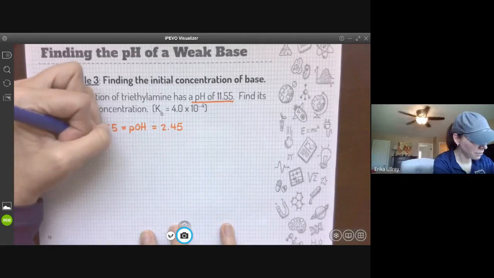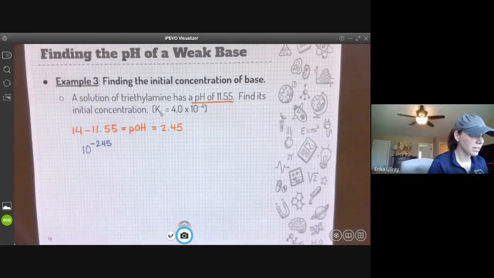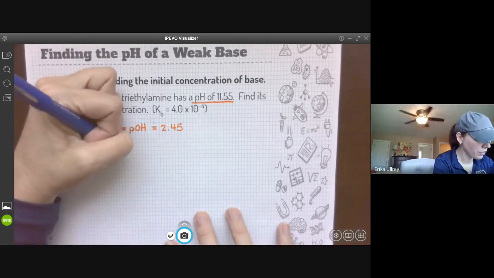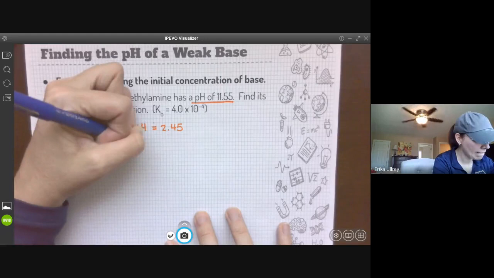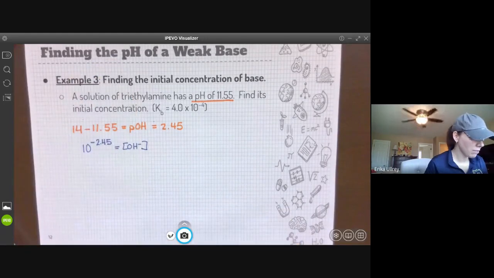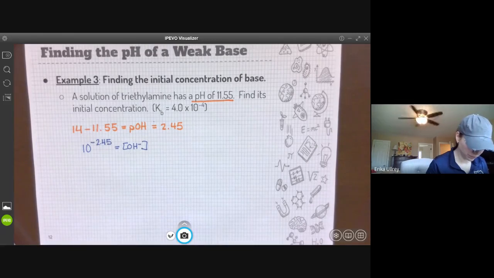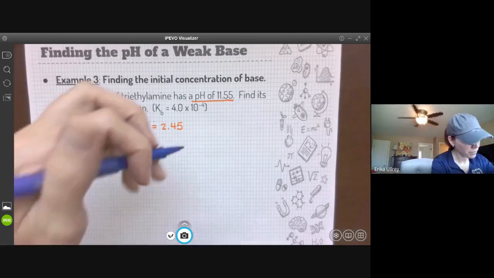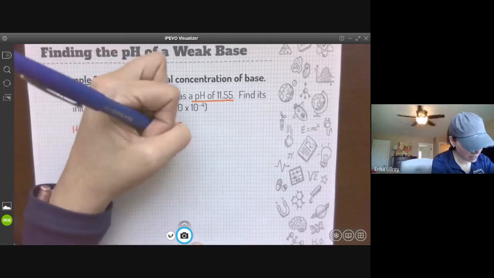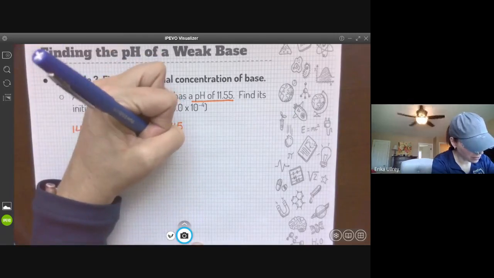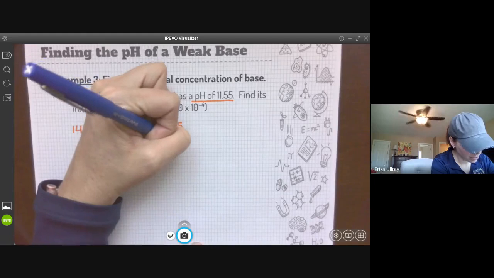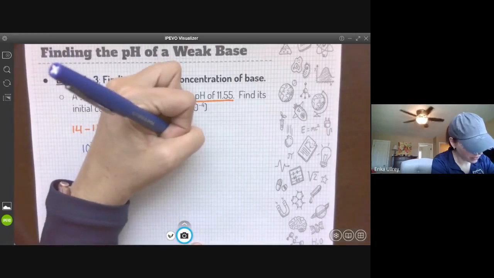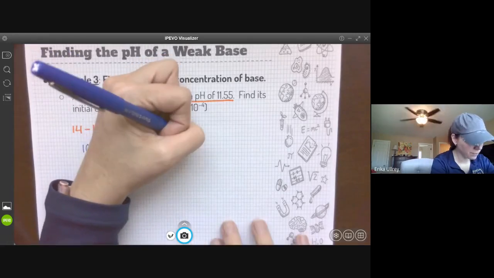That's exactly what we would do. So 10 raised to the negative POH will give us our concentration of OH minus. So 10 raised to the negative 2.45. So that's going to give us a concentration of 0.00355.